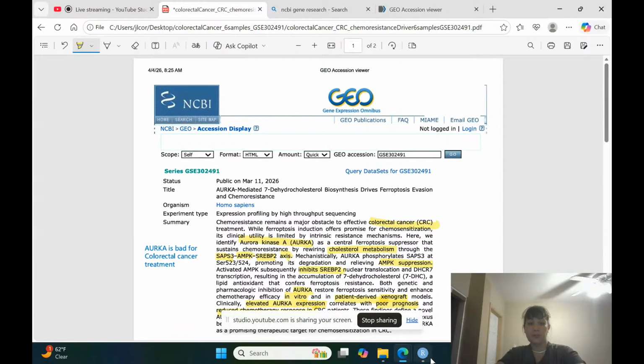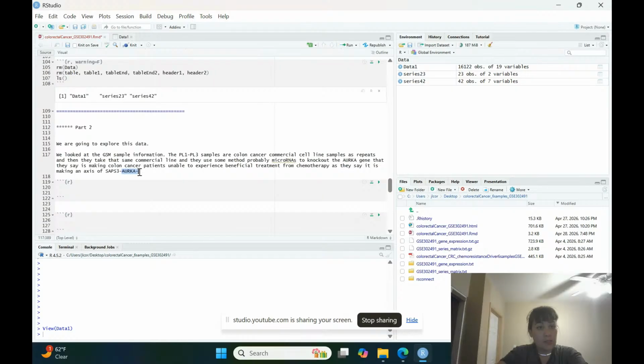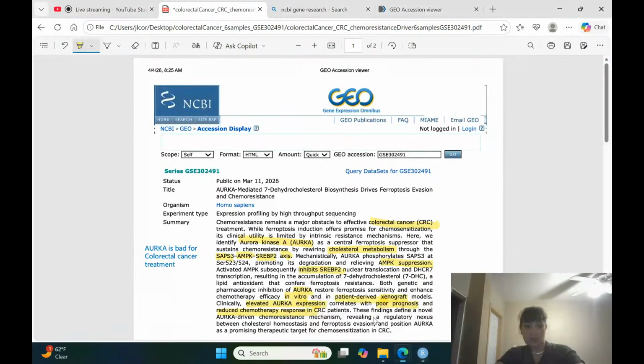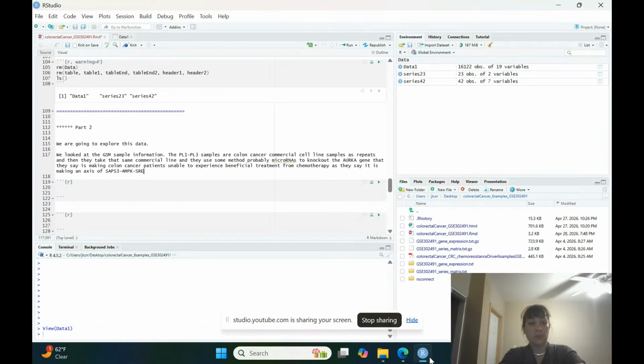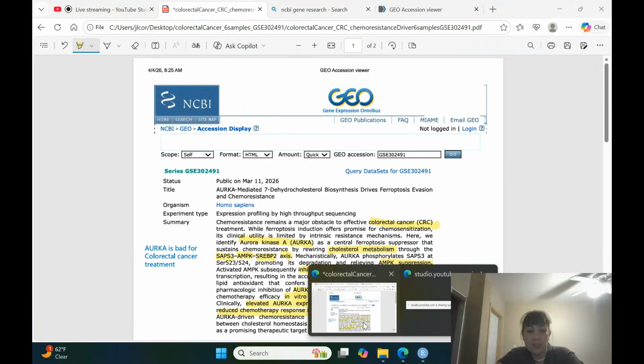Oh, it's actually AMPK. Oops. AMPK-SREBP2 axis that is affecting cholesterol metabolism and making, what did they say about ferroptosis?